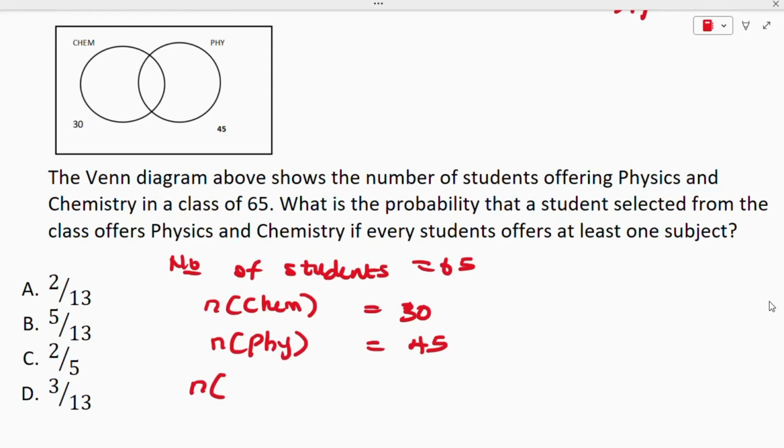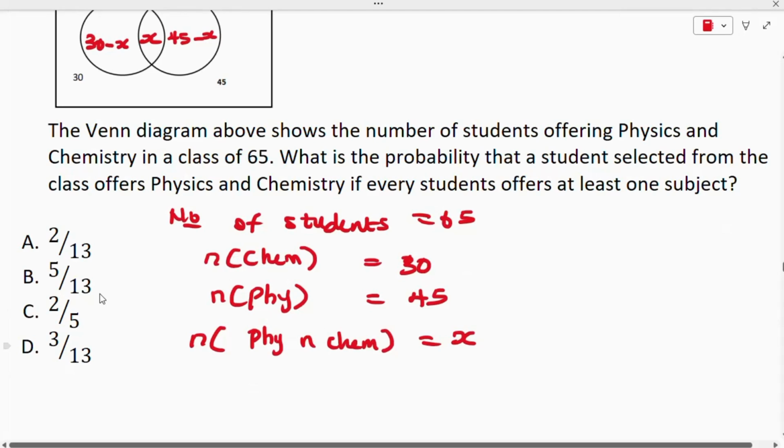Now, the number of students offering both physics and chemistry, we are looking for that, so we're going to call this X. So from the Venn diagram, this is 30 minus x, because we did not know the exact number of students that offer just chemistry. Now the number of students that offer both is x, then the number of students that offer just physics is 45 minus x.